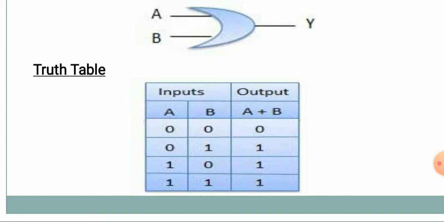And if A is 0 and B is 1, or if A is 1 and B is 0, that means if either of these input values is 1, the output is also 1. And if both A and B are 1, the output is 1. That is the difference between the AND and OR gate.